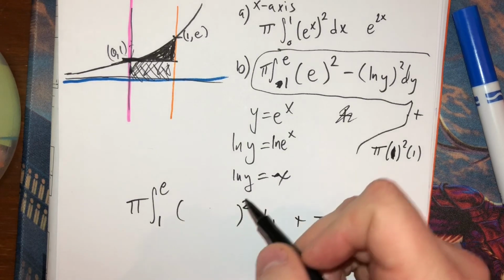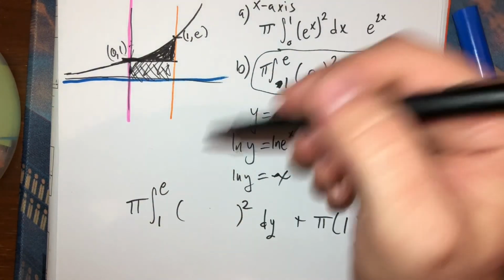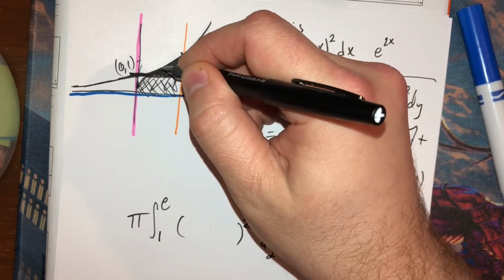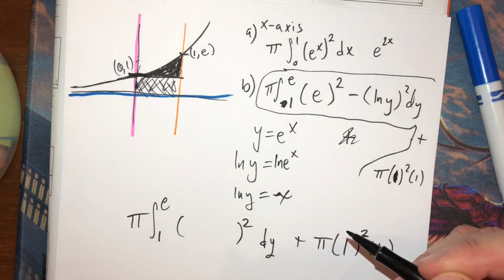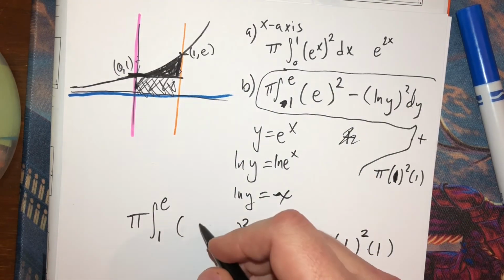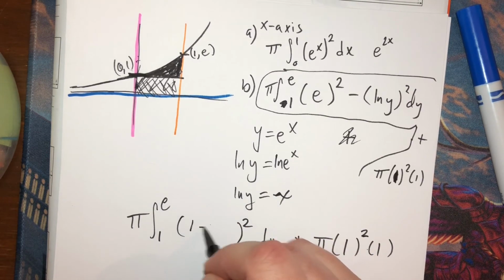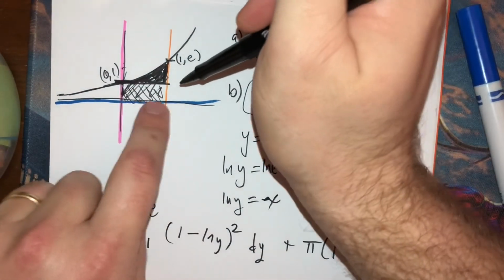So anyway, this one, though, is just going to be, we're going around y equals 1. It's going to be 1 minus our function, right? So 1 minus our function, 1 minus ln y. And then I was definitely thinking about it wrong.